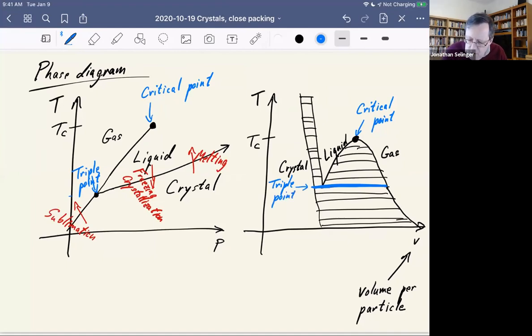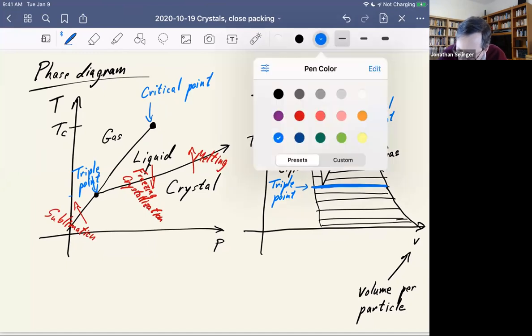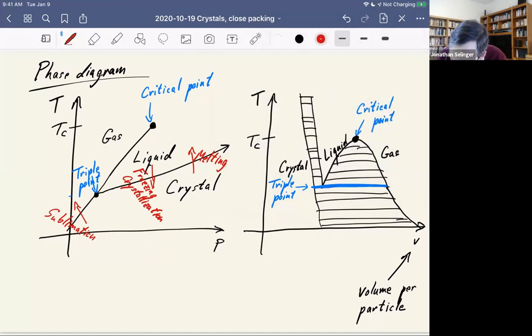If you're anywhere in the coexistence region, I'll mark all of these lines as coexistence. There's two-phase coexistence everywhere except right on that blue line. Up here, it's coexistence of liquid and gas. Here, it's coexistence of liquid and crystal.